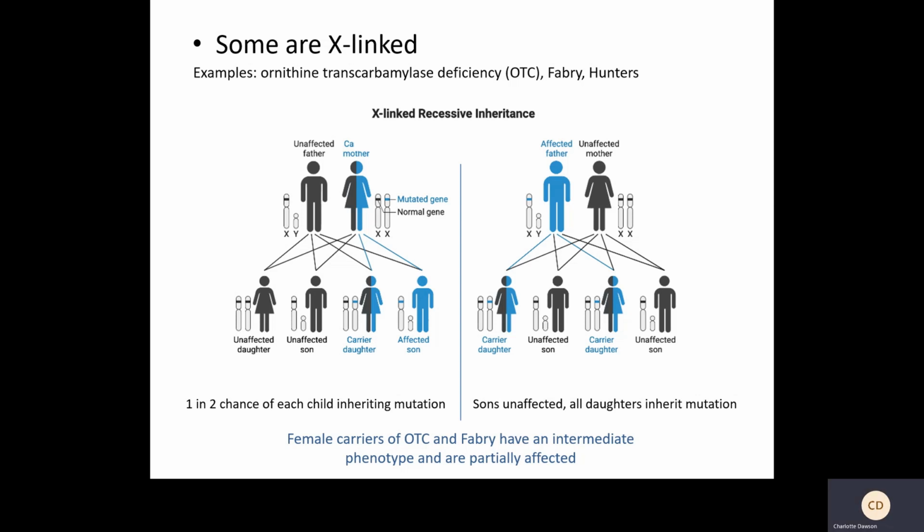The important point to take away, though, is that females with OTC and Fabry disease do or at least can have the condition. Hunters, that doesn't seem to be the case.